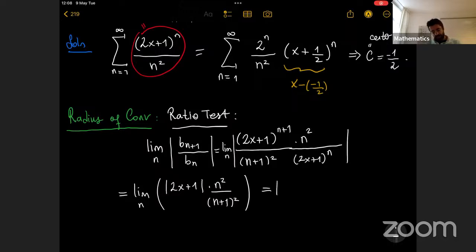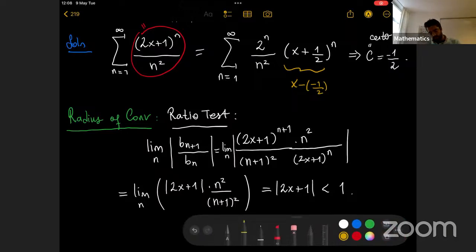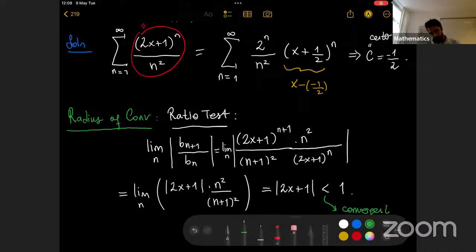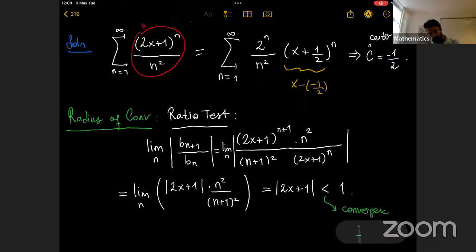So you're left with 2x plus 1. And you want this to be less than 1 in the ratio test, right? For convergence, this must be less than 1.